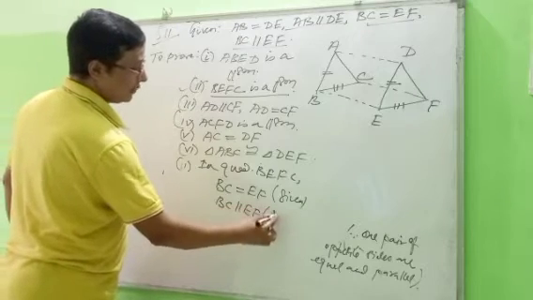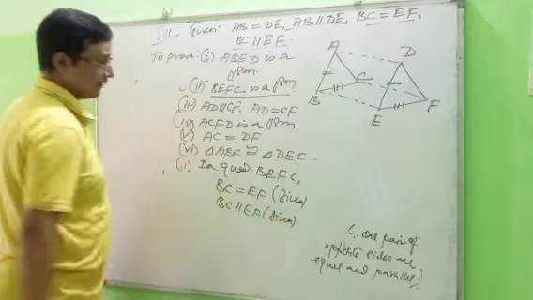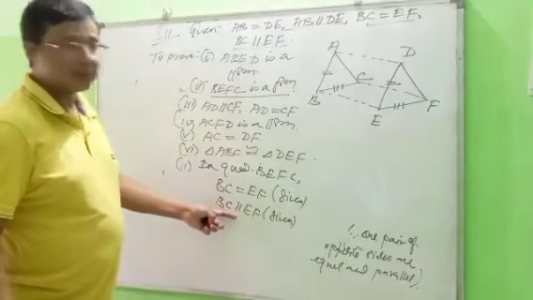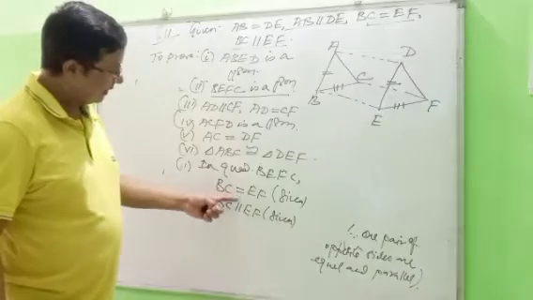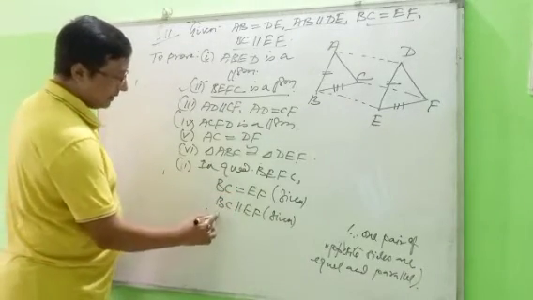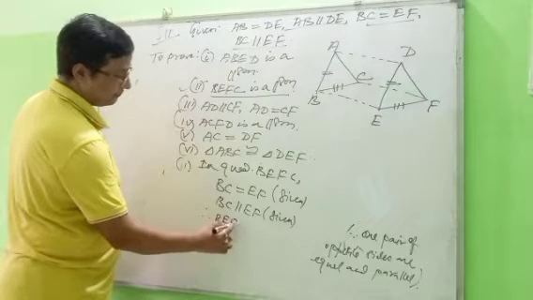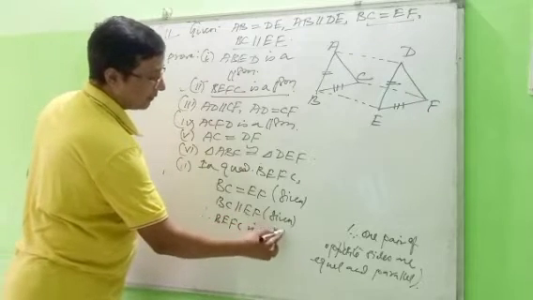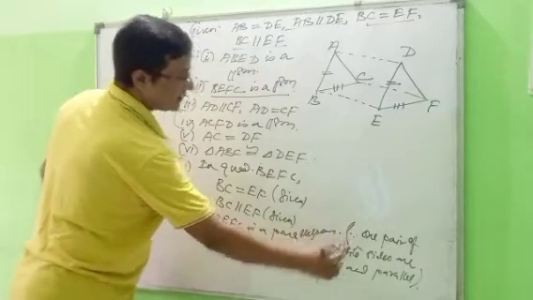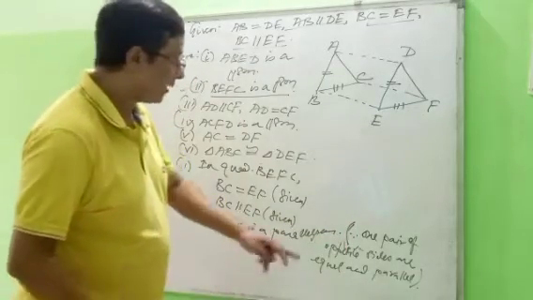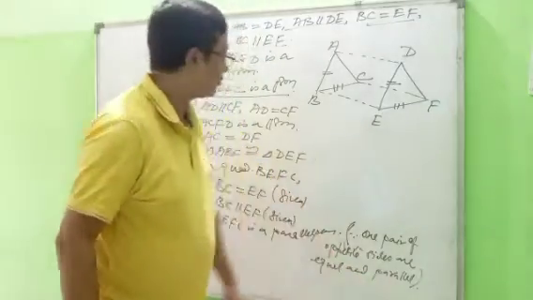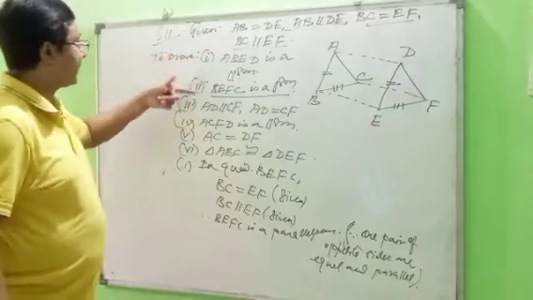This is also given. Now you see, you have got a pair of opposite sides that is equal as well as parallel. Therefore, BEFC is a parallelogram. The reason is the same: since one pair of opposite sides is equal and parallel. So the first and the second are the same.